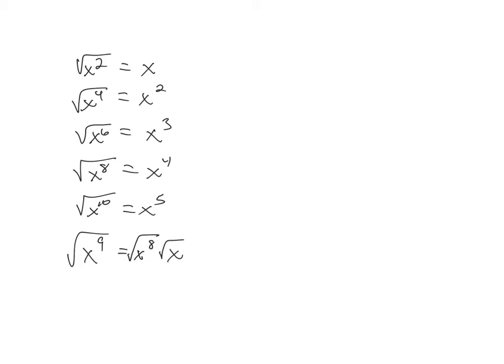And I'm going to break it apart like that. It's always 1 less, because I can do the square root of x to the 8th power. Half of 8 is 4. And then the x is left over on the inside. So any even exponent under a square root, it's just half and you're done.